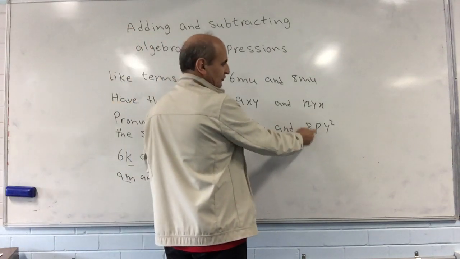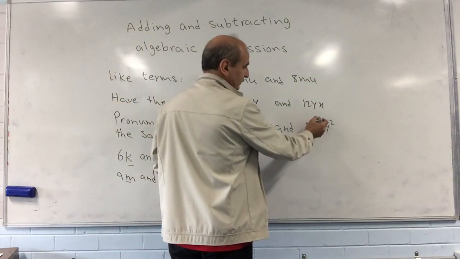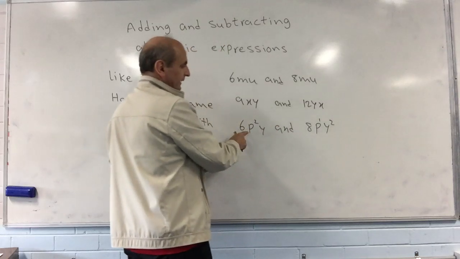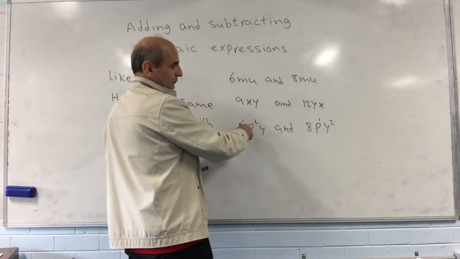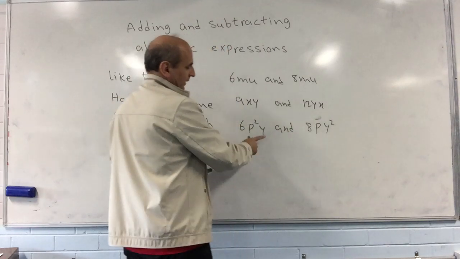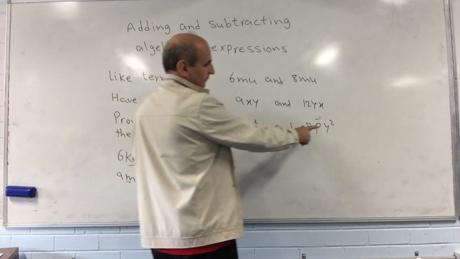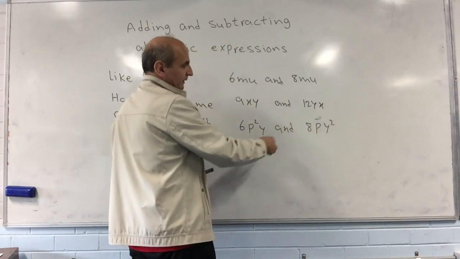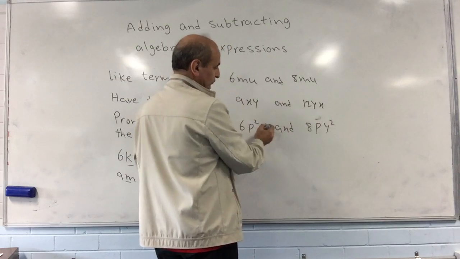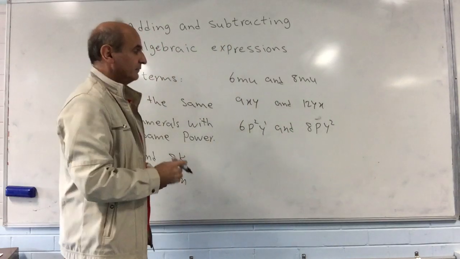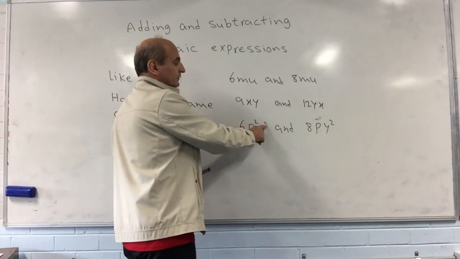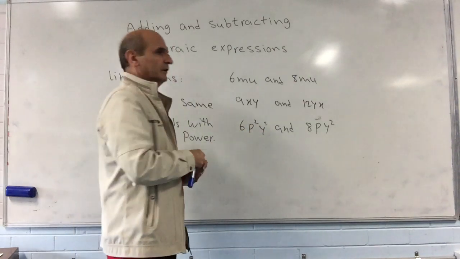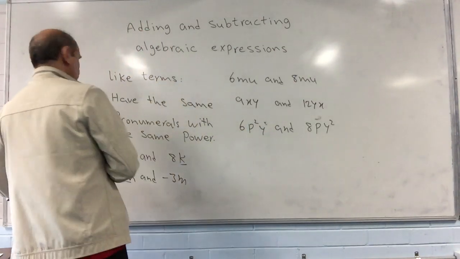Here, p has no power, which means it has a power of 1. But here, p has a power of 2. So we have different powers. And here we have y, but here we have y squared. Again, here y has a power of 2, but on the first one it has a power of 1. So the powers are different. That means we do not have like terms.